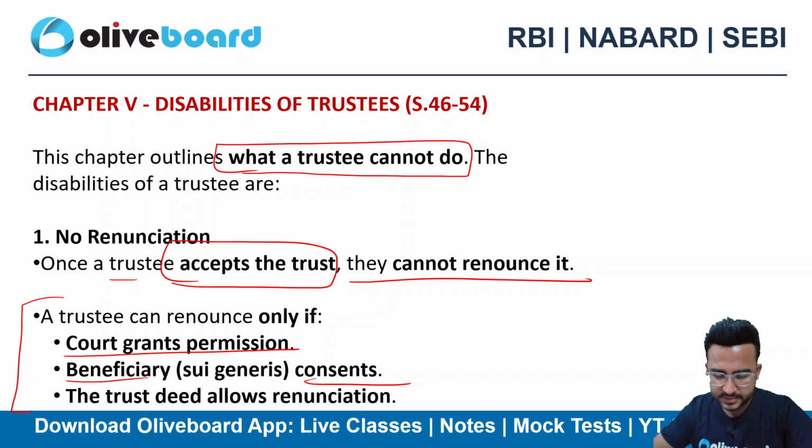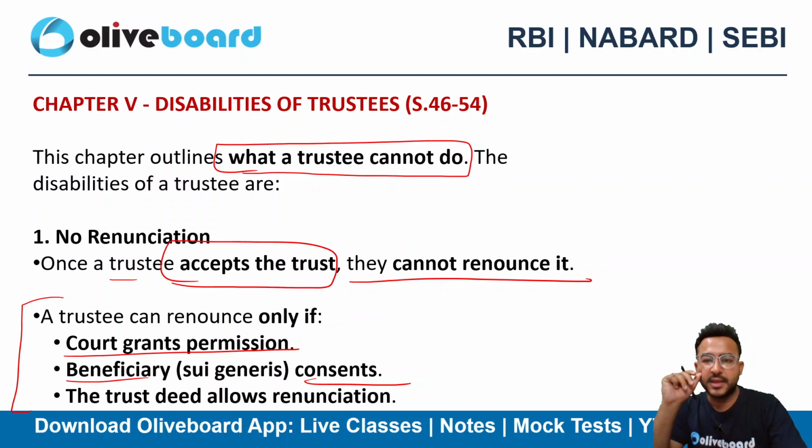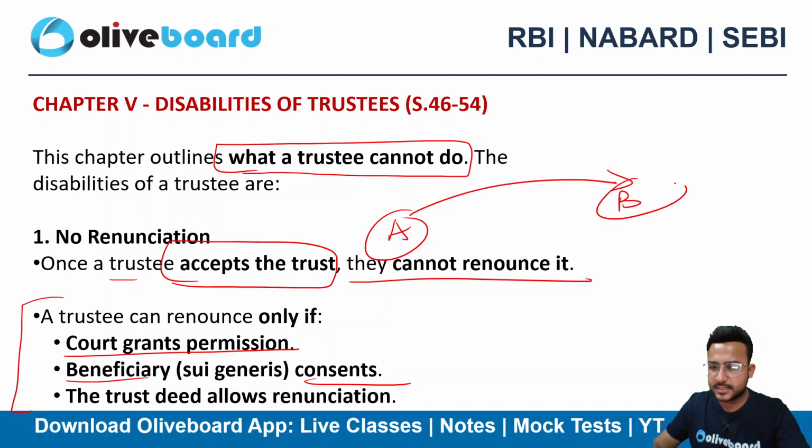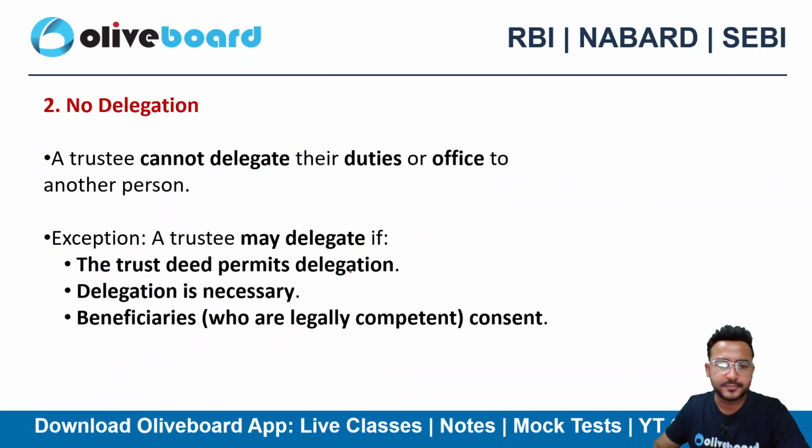Okay, if the trust deed clearly states that renunciation possible है, तो फिर ठीक है. Renounce करने का मतलब क्या होता है, ट्रांसफर करना. ट्रस्टी ए ट्रस्टी बी को ट्रांसफर कर सकता है, renounce बोलते हैं इसको, राइट?